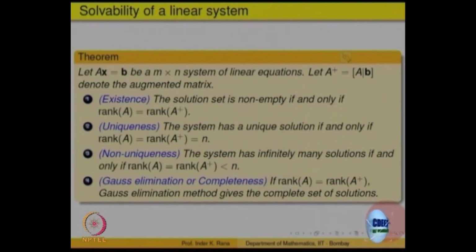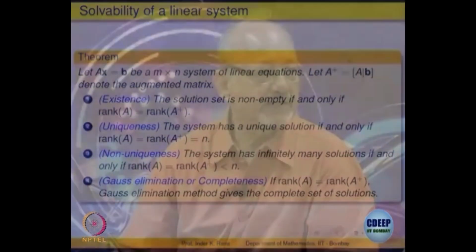If the rank is equal to the rank of A plus, either there will be a unique solution if it is equal to n, or if it is less than n, there are infinite solutions, and all those infinite solutions can be obtained by backward substitution, putting the non-pivotal variables arbitrary values and calculating the pivotal variables in terms of those arbitrary values.